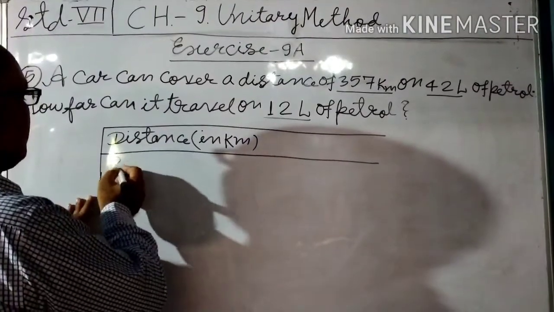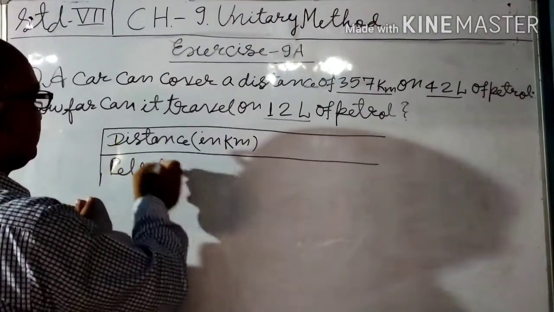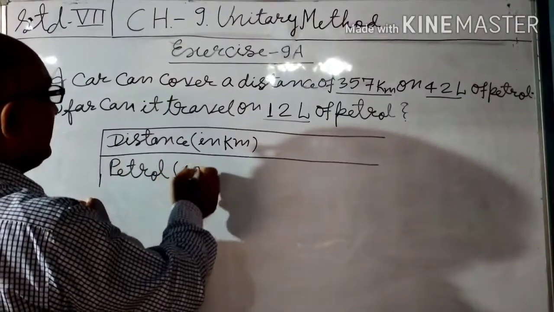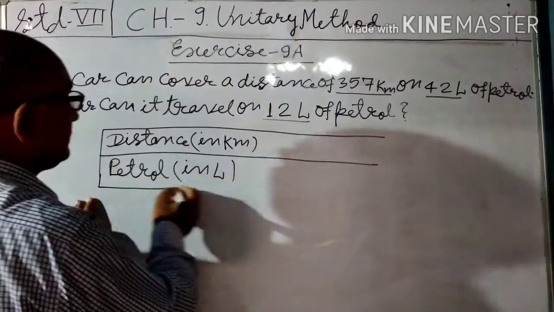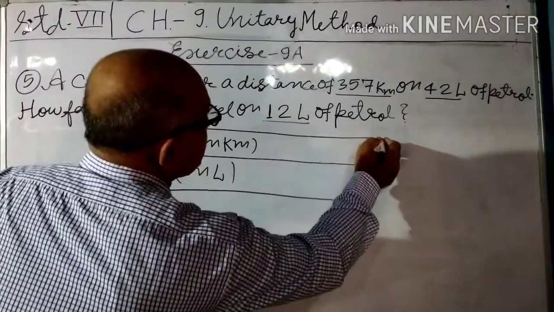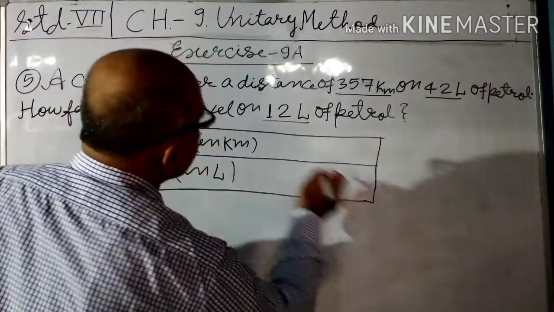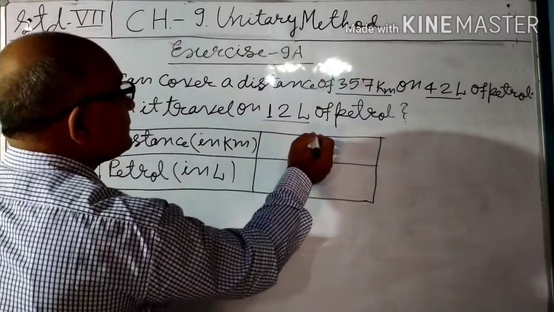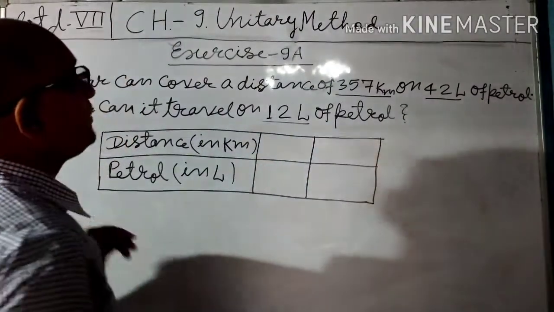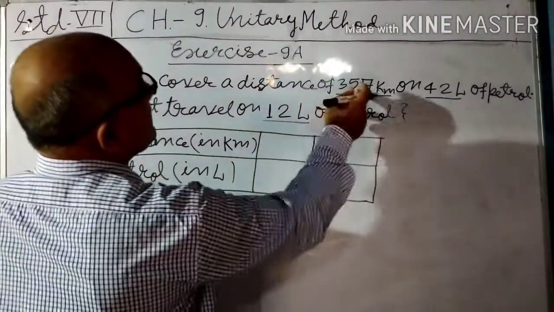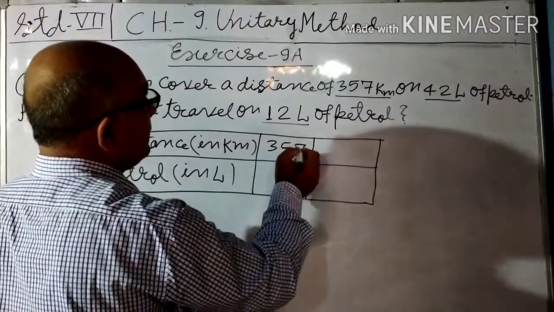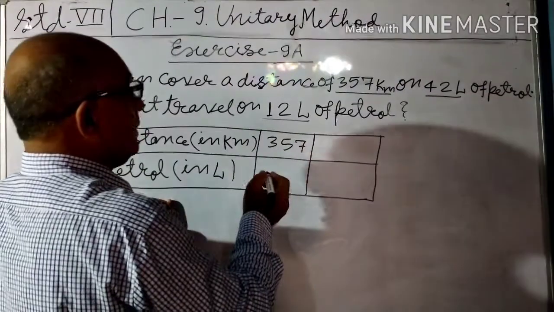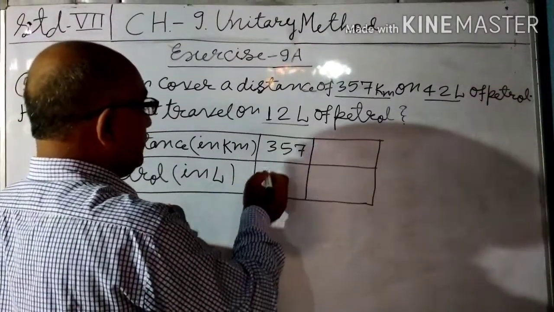In second box, petrol, in liters. First box, distance 357 kilometers, petrol 42 liters.